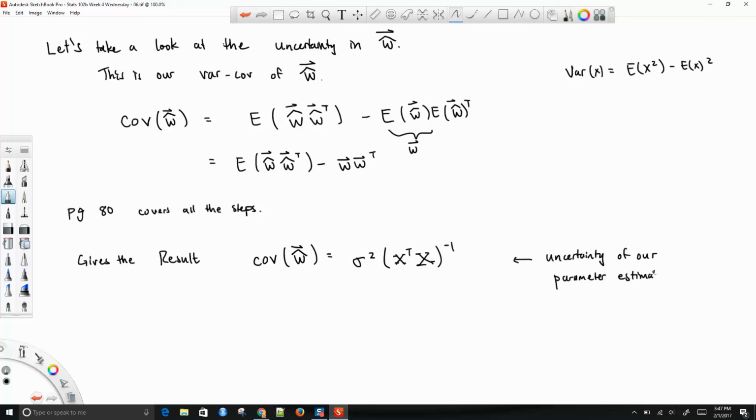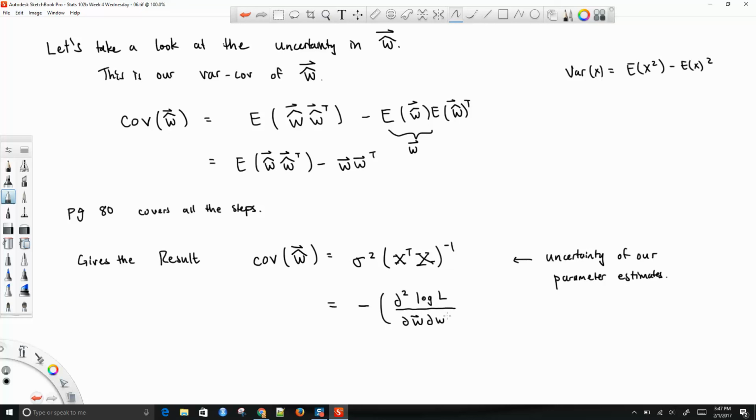I'm going to kind of skip the equivalence here, but this ends up being also equal to the second derivative of the log likelihood. Okay.